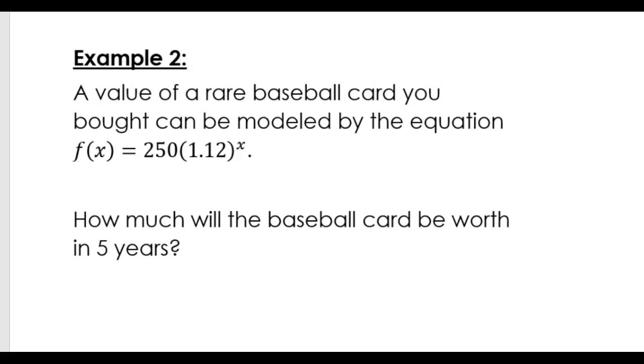How much will this baseball card be worth in 5 years? This X number represents the number of years. So you will put this in your calculator, Desmos, 250 multiplied by 1.12 raised to the 5th power. Not times the number 5, but raised to the 5th power.